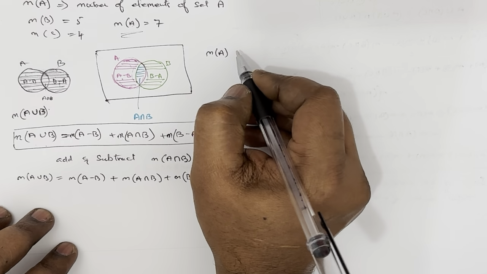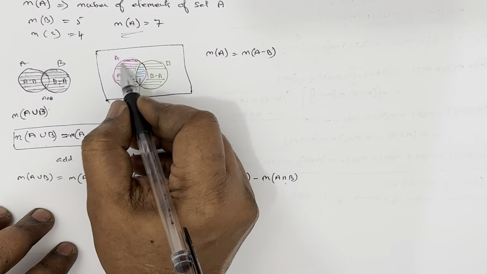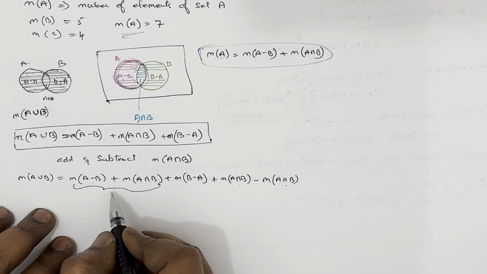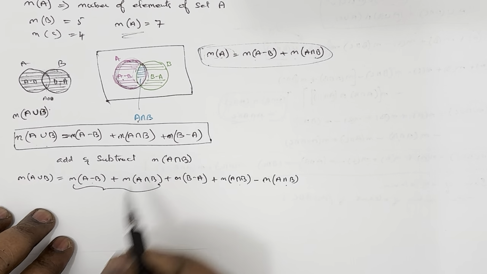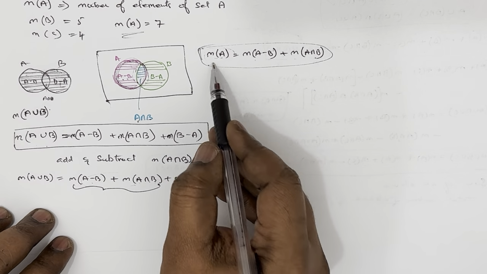That is N of A minus B, number of elements of A minus B, plus number of elements of A intersection B. So this total number of elements of A will be A minus B plus A intersection B. So you see, we can write this A minus B and A intersection B as N of A. This can be rewritten as N of A.